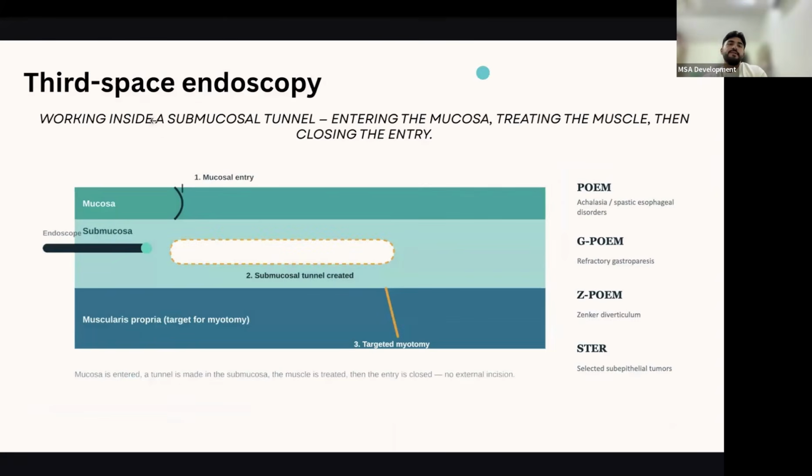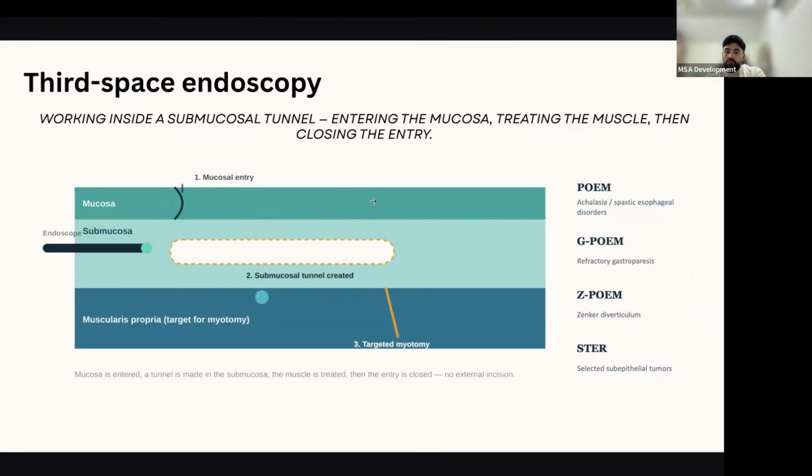Now, something else is what we call the third space endoscopy, where you work in the submucosa. So here you basically enter the mucosa, all right, and then make a tunnel within your submucosa, and you can basically treat whatever you want through the submucosa. Okay, like for example, here you have achalasia.